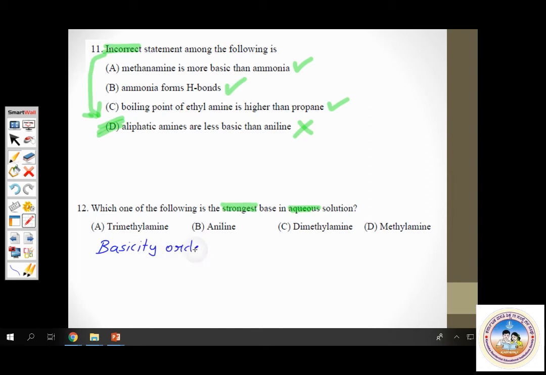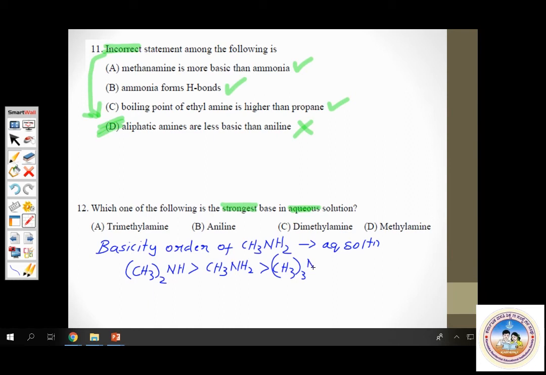What is the basicity order? First comes secondary methylamine, CH3 twice NH, secondary amine, followed by primary amine, and that is followed by tertiary amine in aqueous solution. This order is applicable for aqueous solution.